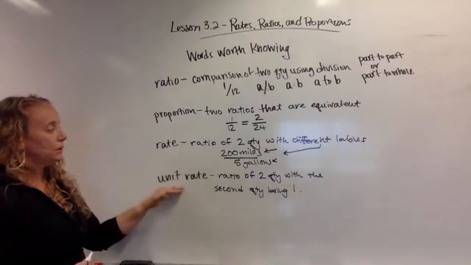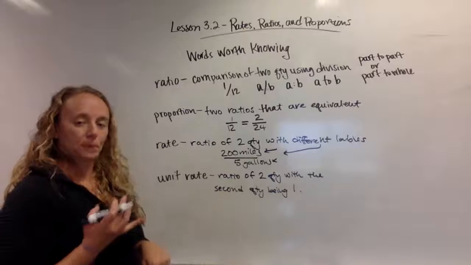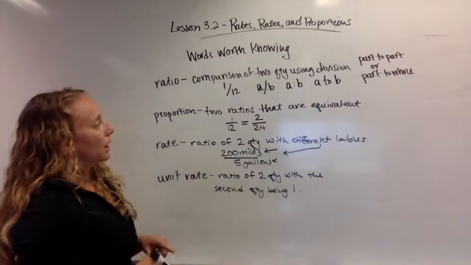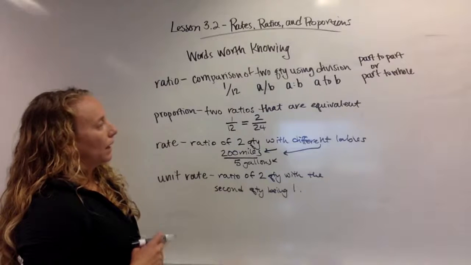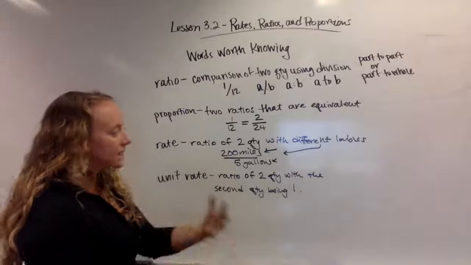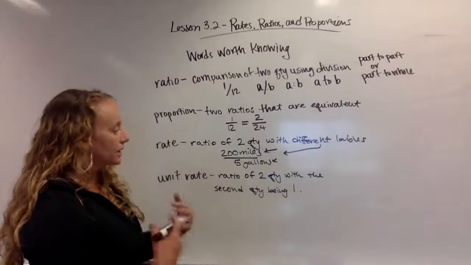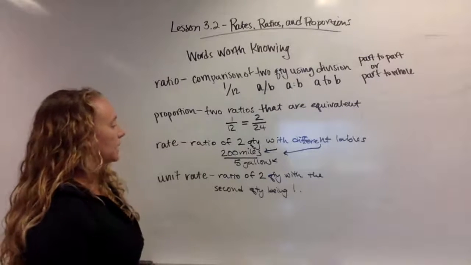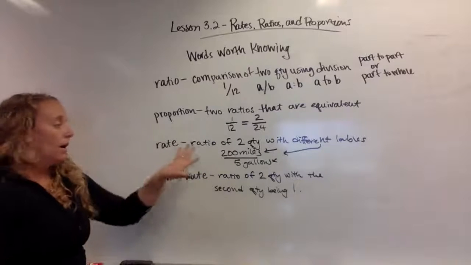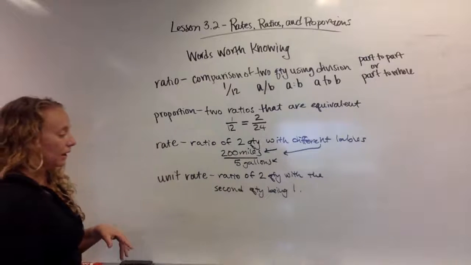We use unit rates often when we talk about miles per gallon, or how much something weighs for its density, or how fast something can go, or how fast something accelerates. So let's look at my dad's miles per gallon in his Prius.